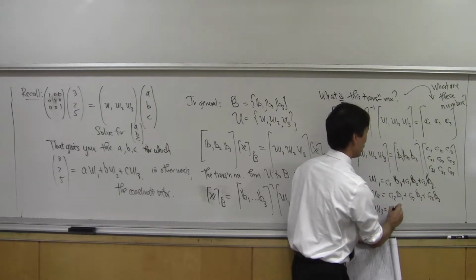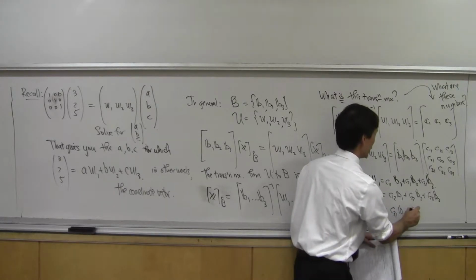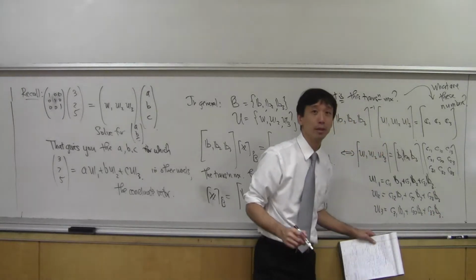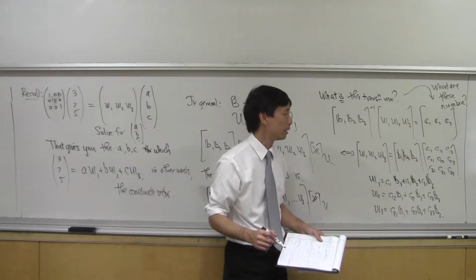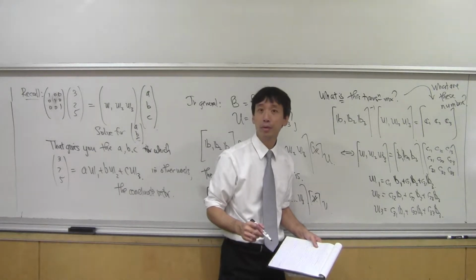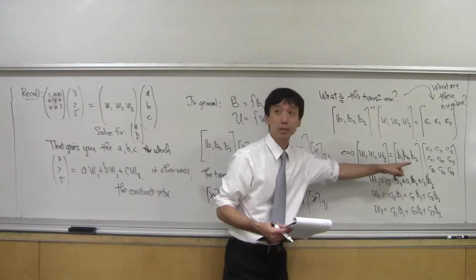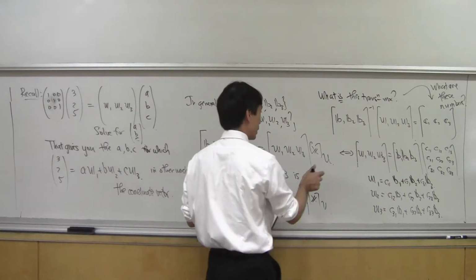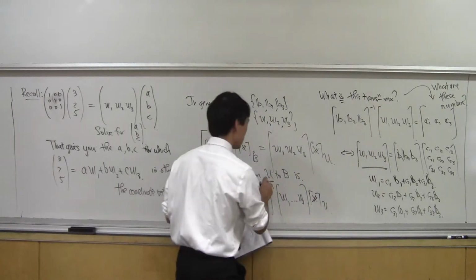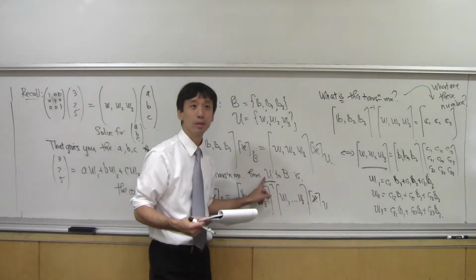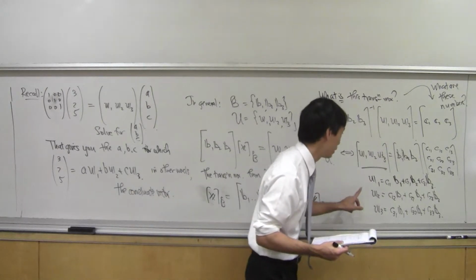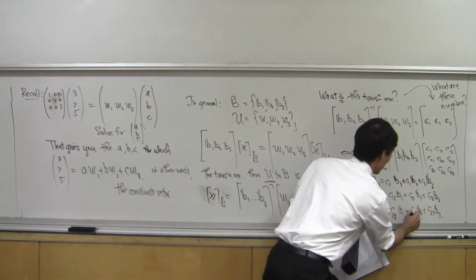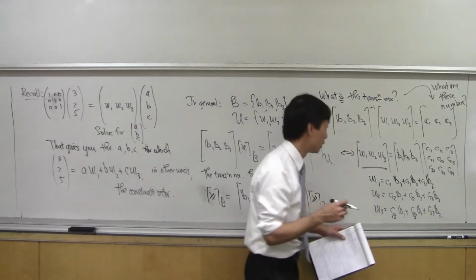U3 is going to be C13 B1 plus C23 B2 plus C33 B3. Oh yeah, thank you. This should be 1, 3, 2.